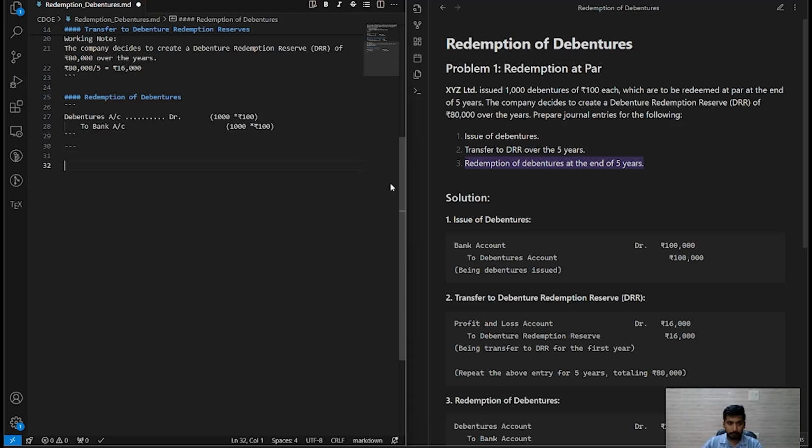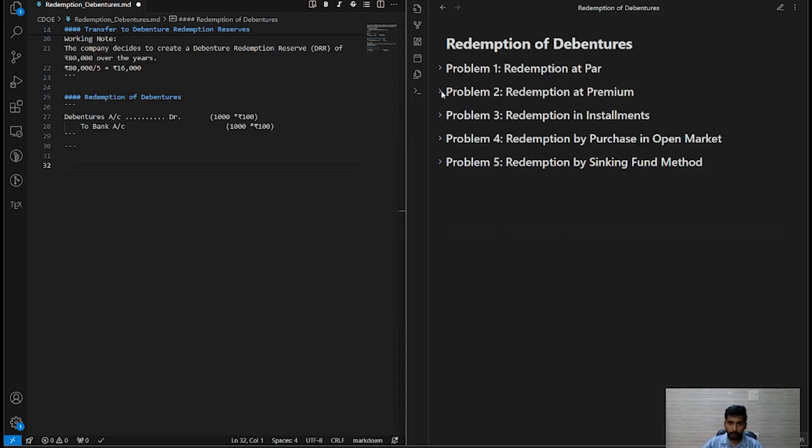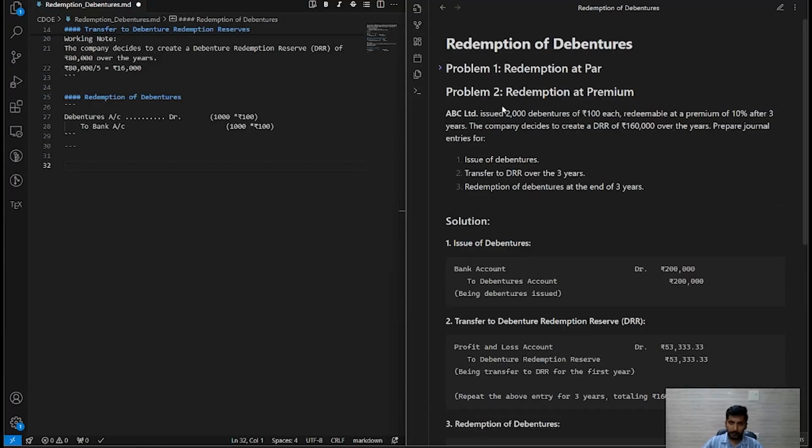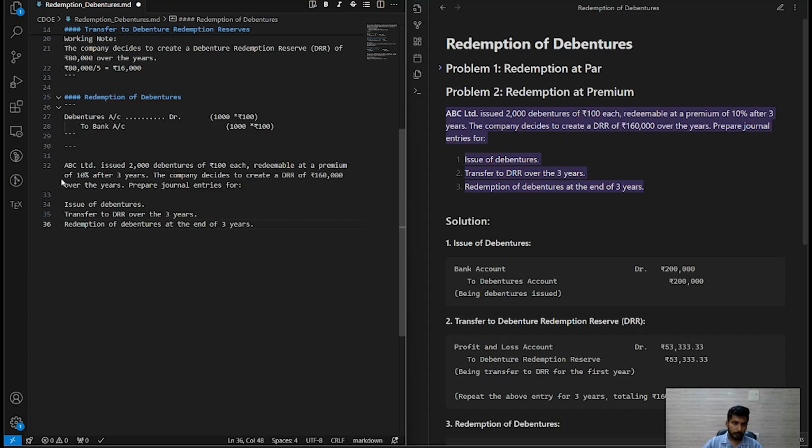Now, moving ahead with problem number 2. What will happen if the debentures are redeemed at a premium? Let us find out. ABC Limited issued 2000 debentures of rupees 100 each, redeemable at a premium of 10% after the 3 years.